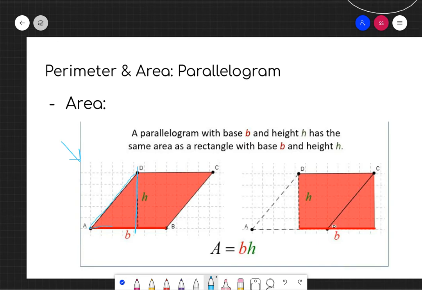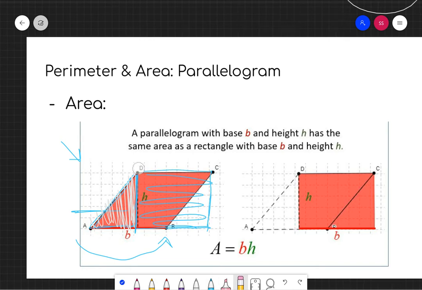If we were to take this part and snap off that triangle, pick it up and move it over here, what we would have is a normal rectangle. Okay, this stuff wouldn't be here anymore, and we would be left with just a rectangle.